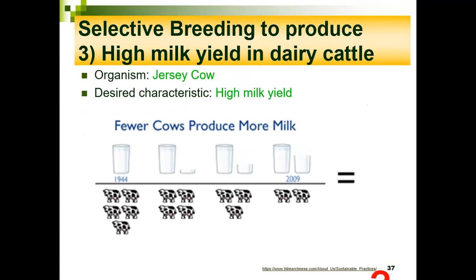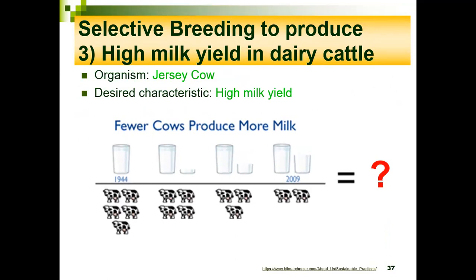Okay, now we're going to look at selective breeding to produce high milk yield in cattle. This is a very interesting one, huh? So the organism involved is the Jersey cow, and the desired characteristic is high milk yield. Now, do you understand what the diagram is trying to show us? When we selectively breed cows that can produce more milk, that means we can raise fewer cows, but we can get more milk, right?